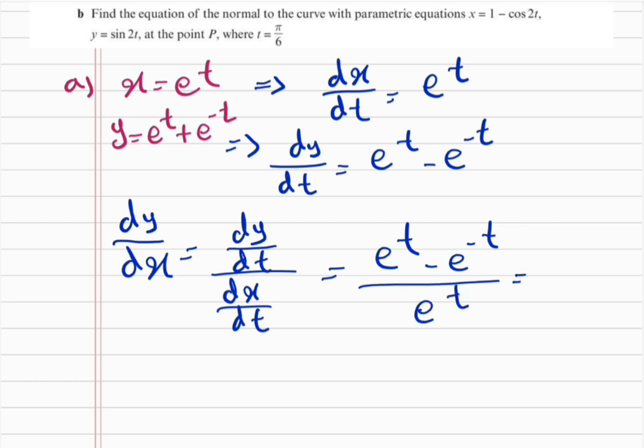We can simplify this, so we can divide both terms in the numerator by the denominator. e to the t divided by e to the t is 1, and minus e to the minus t divided by e to the t is minus e to the minus 2t. So this is the derivative, which means that we can use this to find the equation of the tangent line.